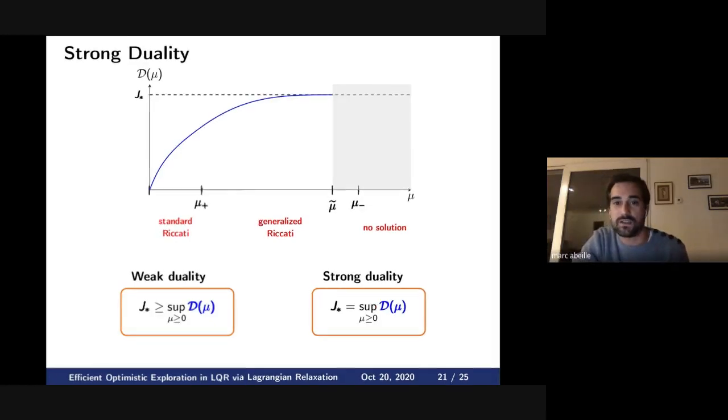It's because if we're in this configuration, even though we get really, really close to J star in terms of duality gap, the policy associated with these points might coincide with a policy that really violates the constraint in a bad way. So this is also why we can't really operate in this weak strong duality case.